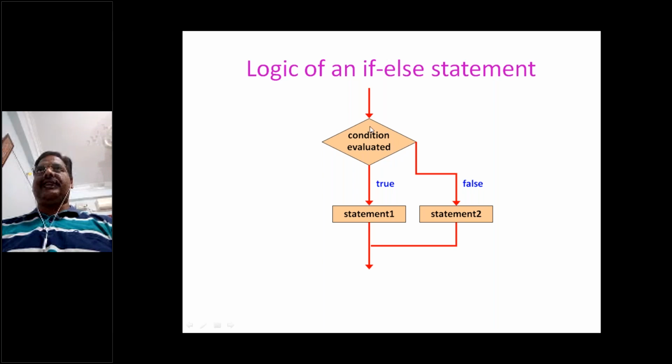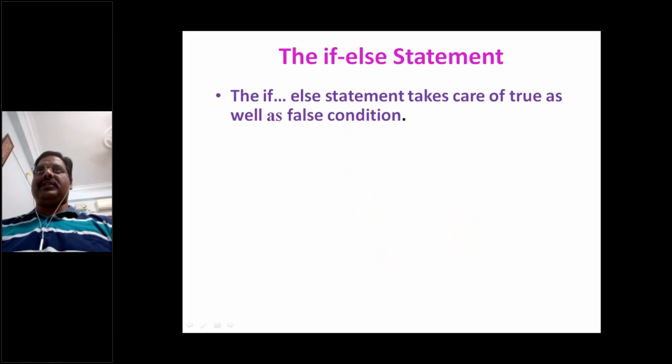If is a keyword, and within the brackets it has to be followed by the condition. If the condition is true, then it will execute the if body. If it is false, then it will execute the else body. Either one or the other will be executed, and then it will go to the stop.